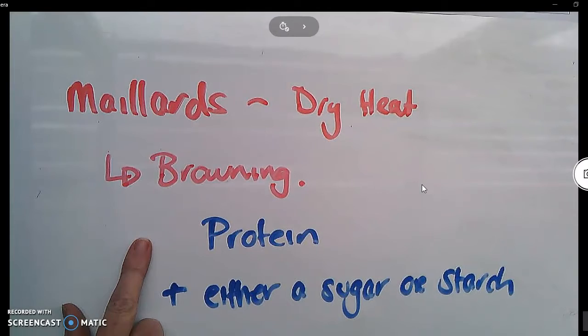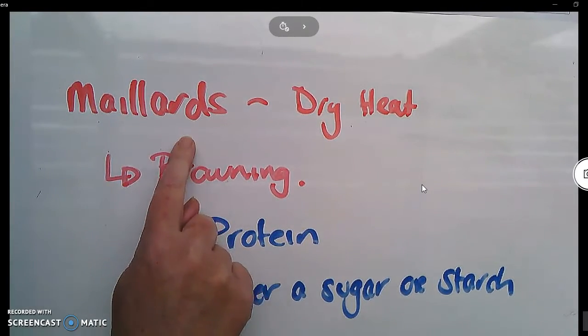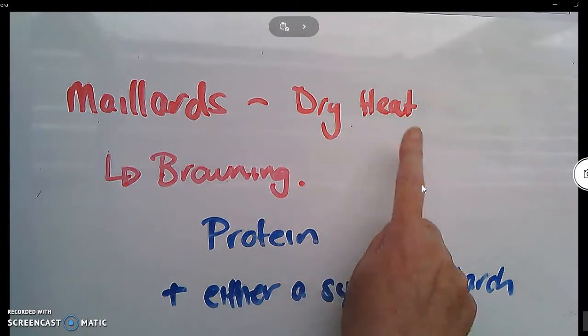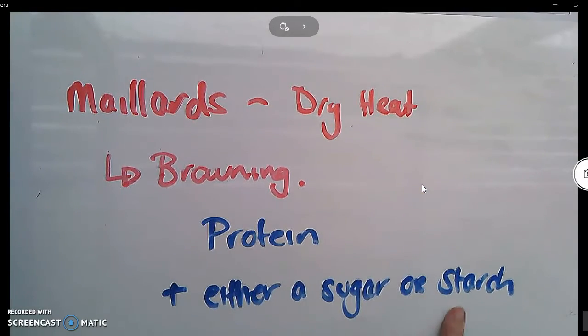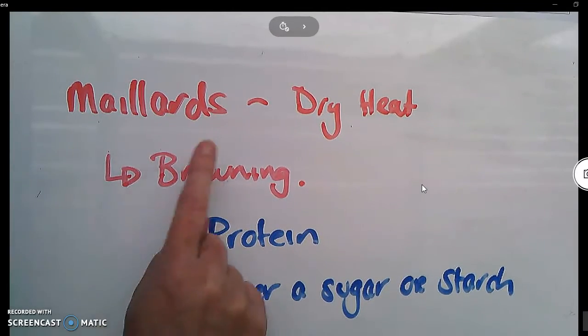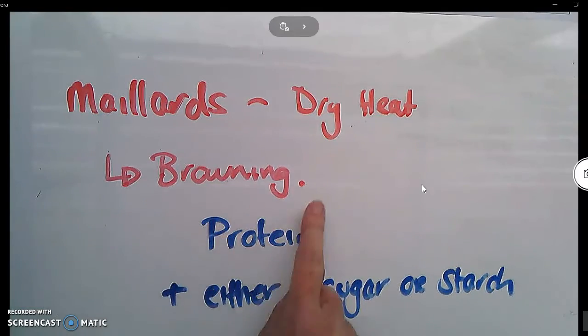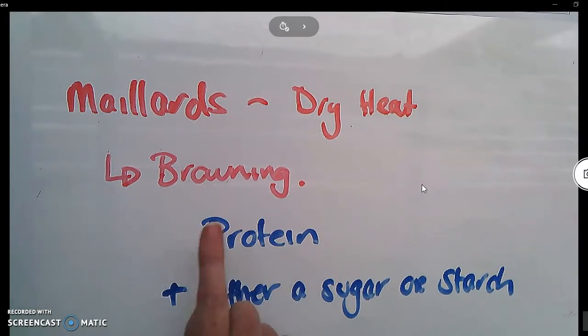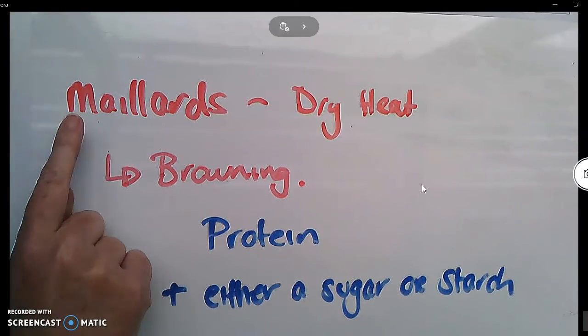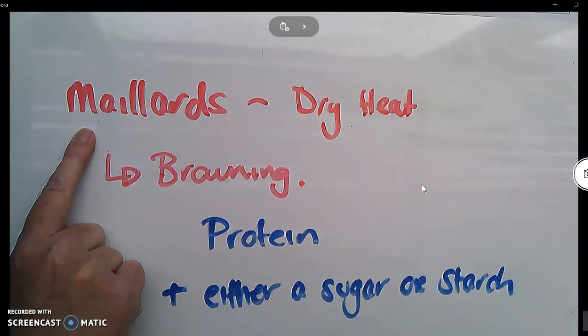Even when we put toast into a toaster, sometimes there can be some Maillard reaction because it's dry heat. In the toast there is starch, and if the product has a protein in it, which flour does in the form of gluten, then the Maillard reaction will happen. So when we're looking at browning of these products, it's really important that it can be dextrinization and the Maillard reaction, okay?